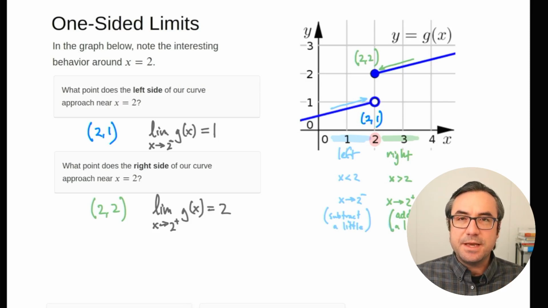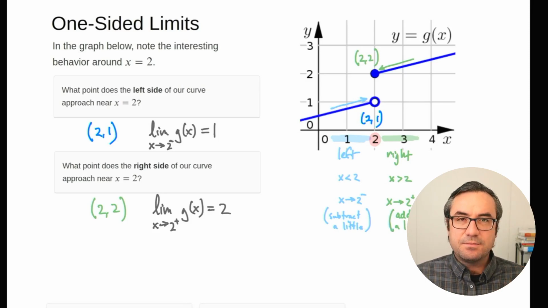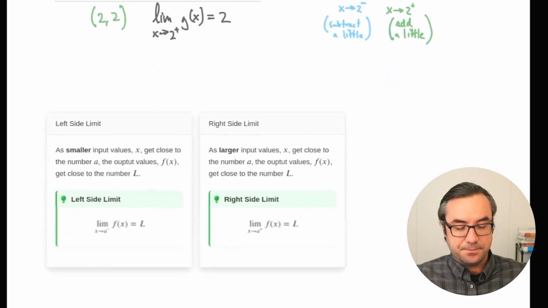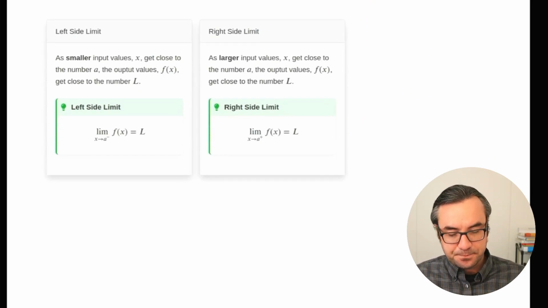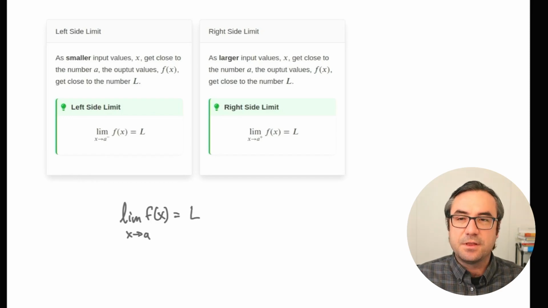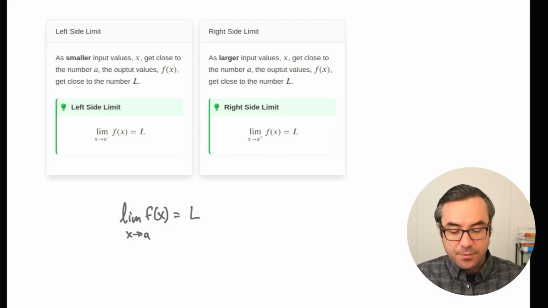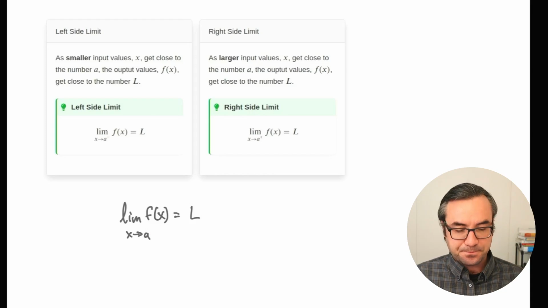So when we ultimately calculate the limit, it's essentially the y value of the point that you're going to. So when we say that the limit of a function f of x is equal to L as x approaches a, either from the right or from the left, it doesn't matter, we do the same kind of process here.